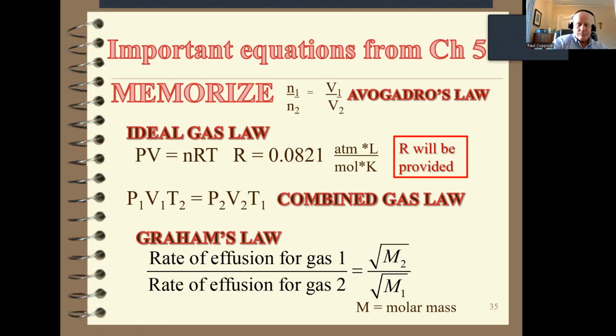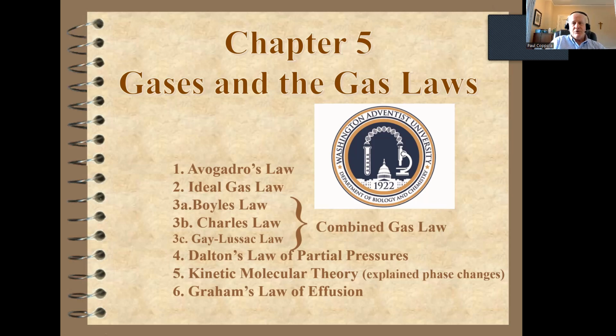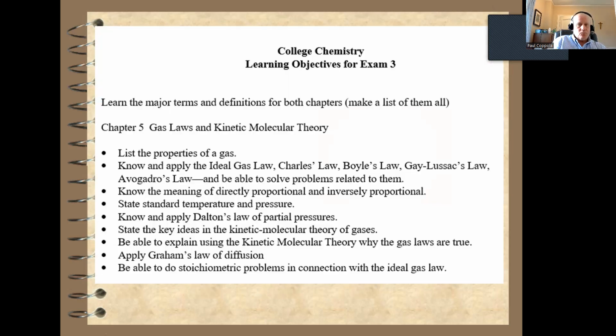All righty. And slide 36. Again, you should know each of these points from chapter 5. D2L is posted with your learning objectives for chapter 5. And notice the first thing says, learn the major terms and definitions for both chapters. Make a list of them all. So make sure you know what each of those terms mean.